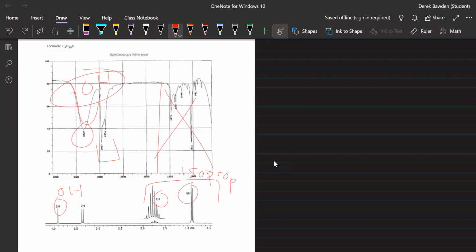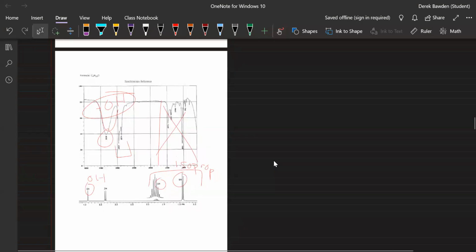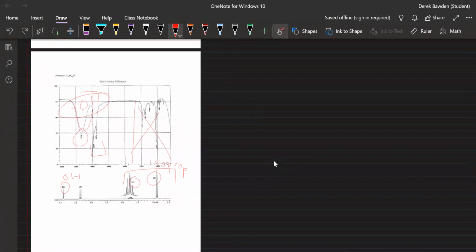All right. So let's see if we can put together a structure. So we have C4H10O. Again, I just like to start with my carbon chain. We know we have an OH, okay, but we also know that there's an isopropyl.